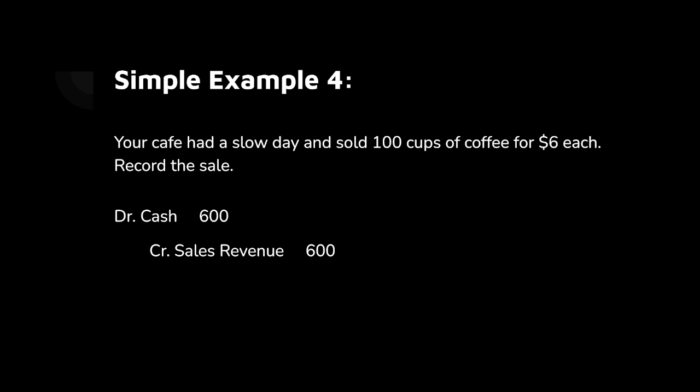So looking back at DEAL GIRLS, cash is an asset, so it increases with a debit. Sales revenue increases with a credit. So you've gained 600 cash from your customers and you record the same amount in your sales.